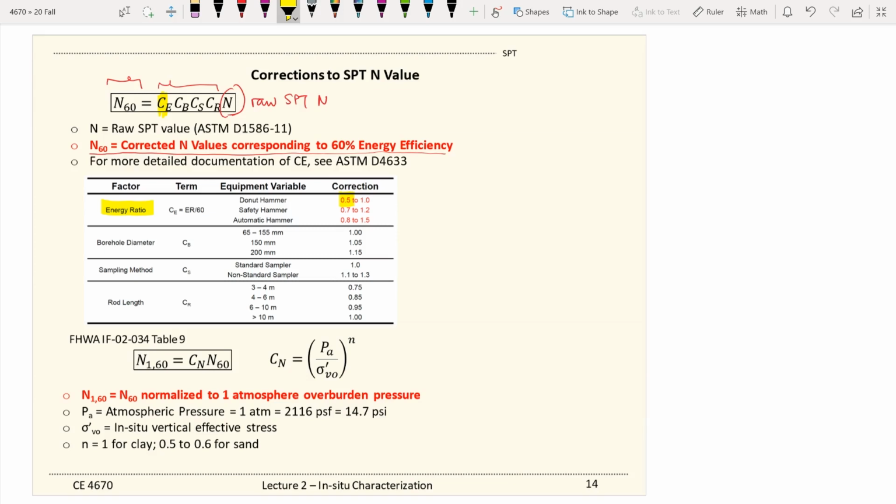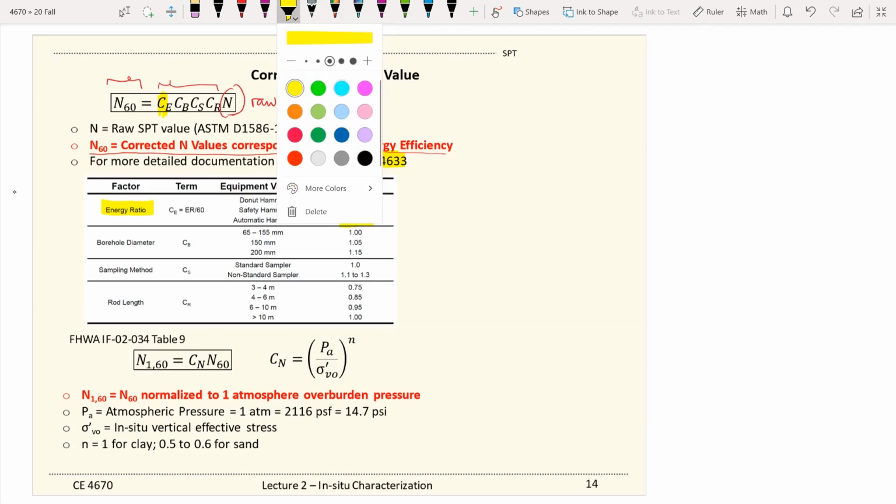Each drill rig may come with an efficiency report, and there's an ASTM standard describing what kind of efficiency ratio is used. If everything is done following ASTM standard 4633, the contractor may provide you a report that tells you what type of efficiency it is. And the more advanced one has a high efficiency.